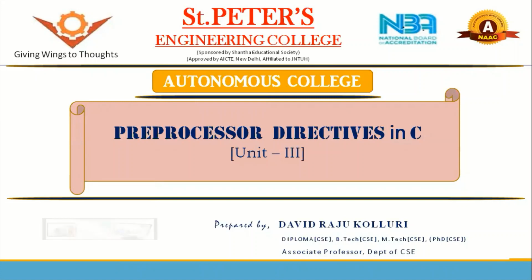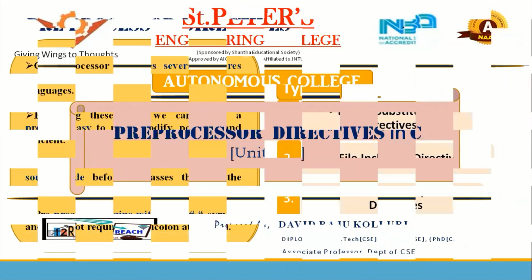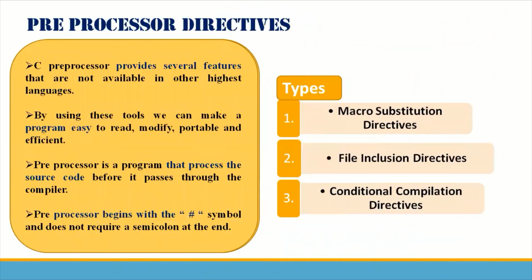Now, we will see what a preprocessor directive is and what it contains. Generally, in the C programming language, preprocessor directives provide several features. These features are not there in any other high-level languages. This is one type of tool.